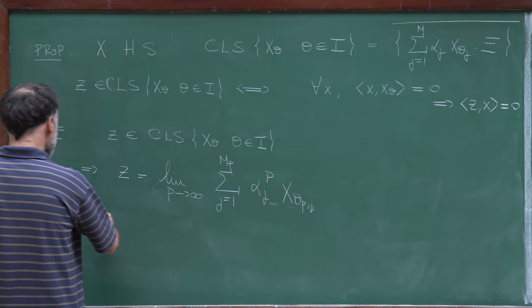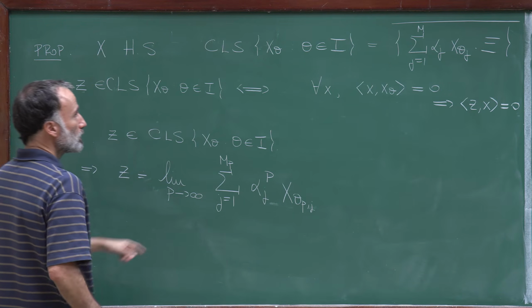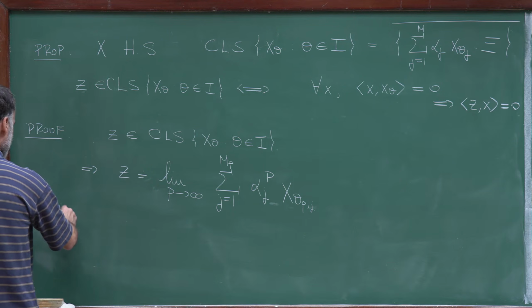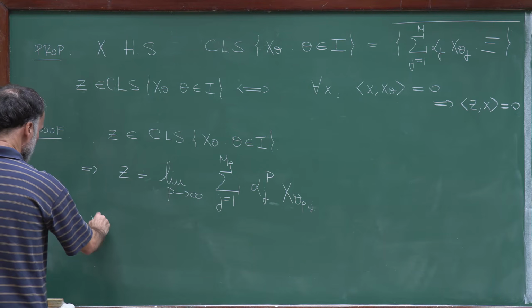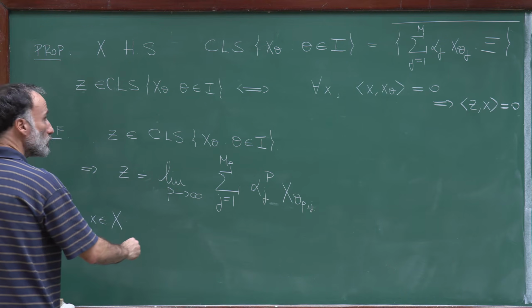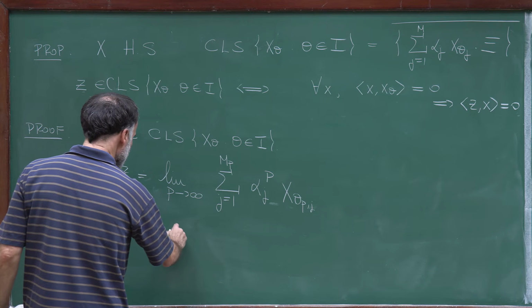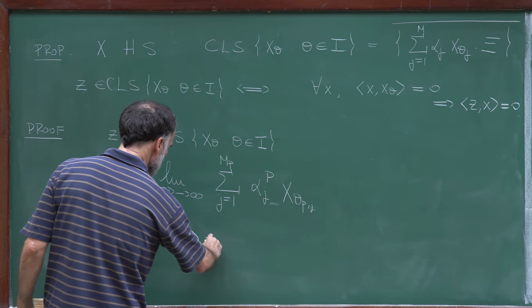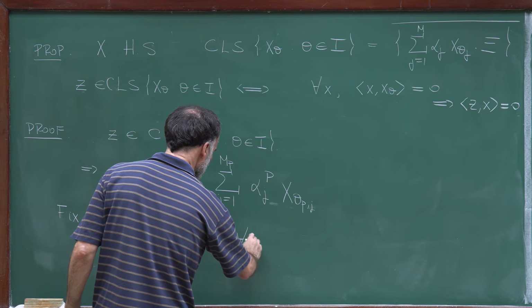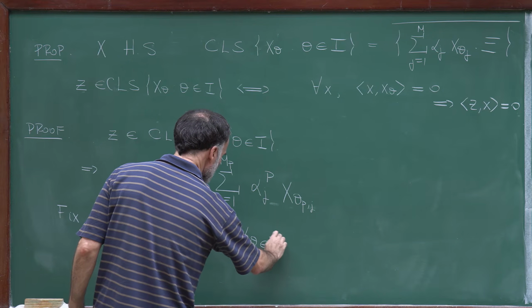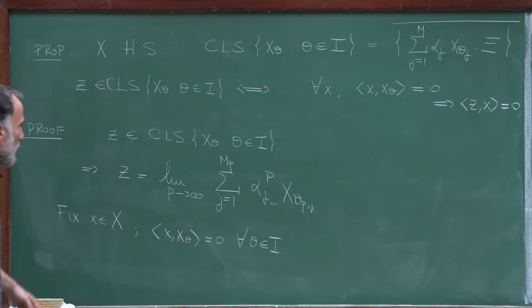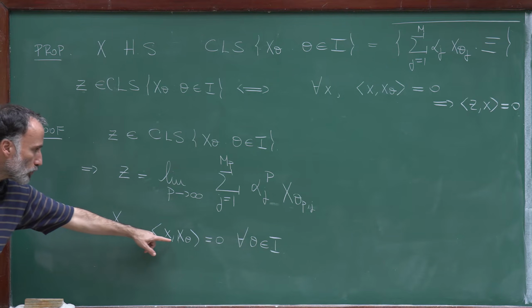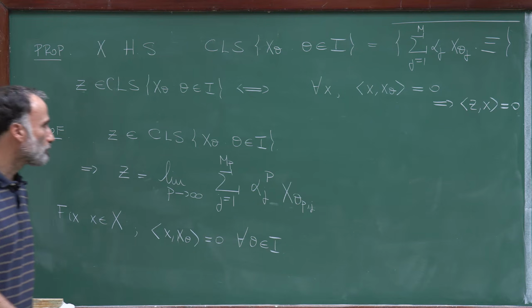Now, assume that x is orthogonal to all x_theta, and let's prove that Z is also orthogonal to all x_theta.